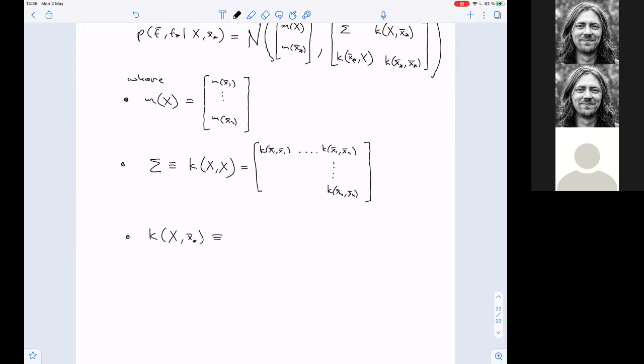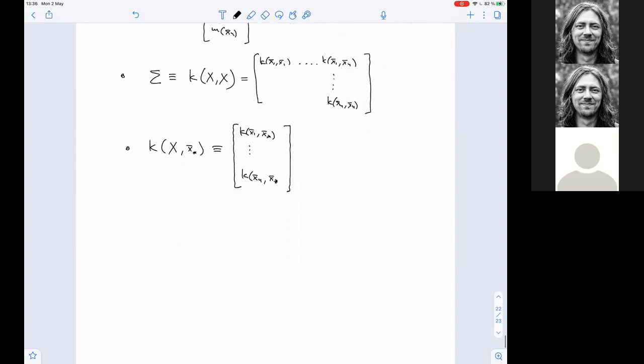What we mean by that is this vector, K of X1, comma, X star, all the way down to K of Xm, comma, X star. And finally, if I reverse the arguments here, what I mean by that is just the transpose of that previous vector.